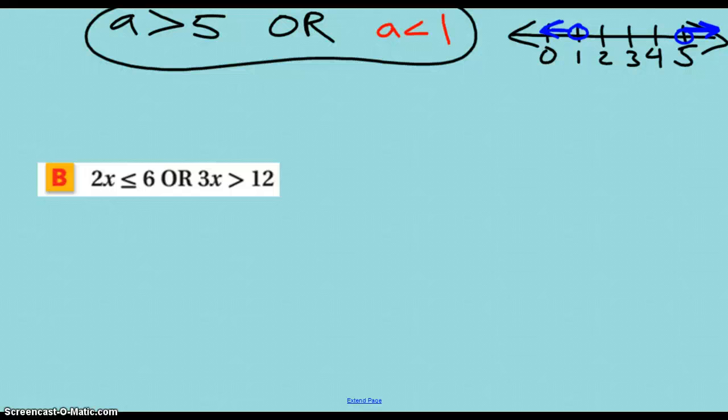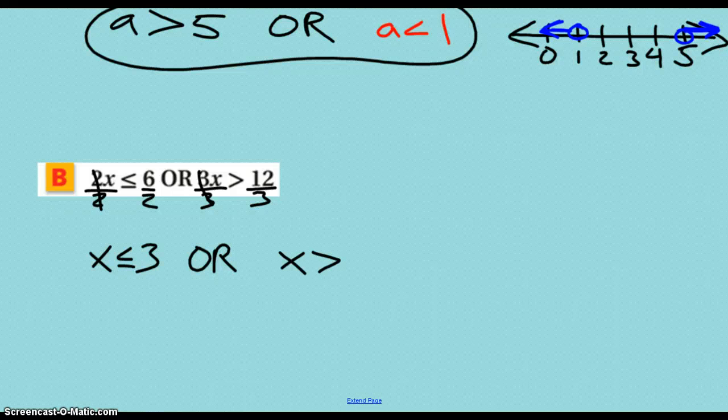Alright, another or statement. We will divide by 2 on both sides. Solve for x, so x is less than or equal to 3, or, again, for this one then, we'll divide by 3. X is greater than 4. Let's see what this looks like on a graph.